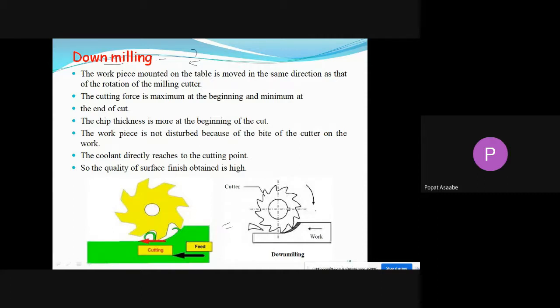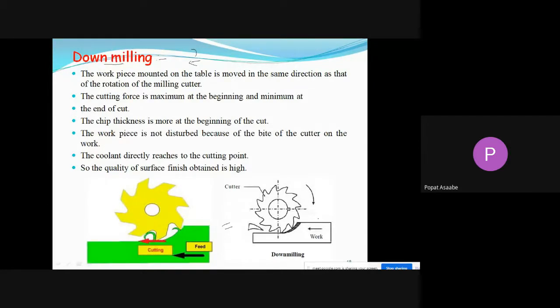Okay, and during down milling, the cutter does not create an upward force. It creates a downward force, so there is no chance of lifting the workpiece. So in down milling, such good clamping is not required.